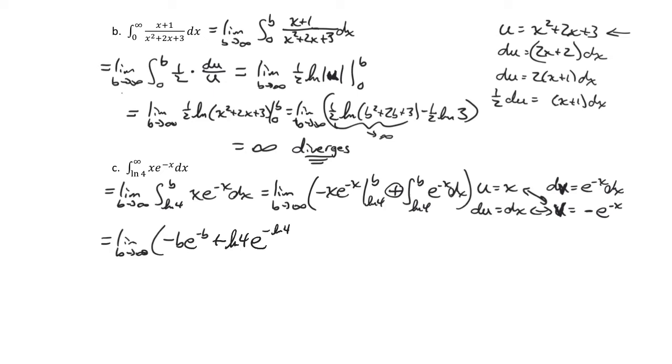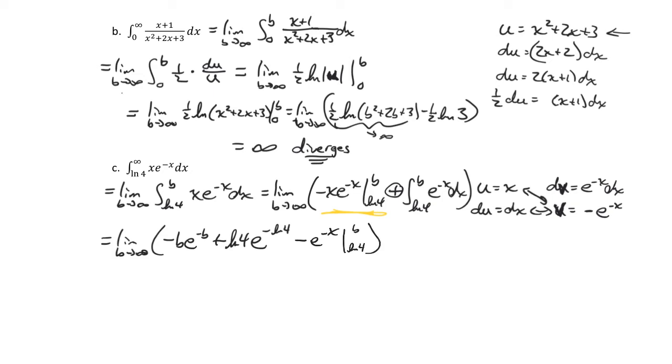And that's just the very first piece there. And now we need to evaluate the integral. Evaluating that second integral, once again, the antiderivative of e to the negative x is not simply e to the negative x, but negative e to the negative x. And we want to evaluate that also from the natural log of 4 to b.